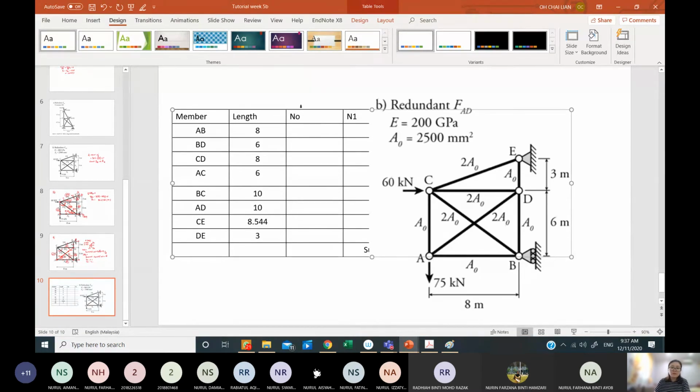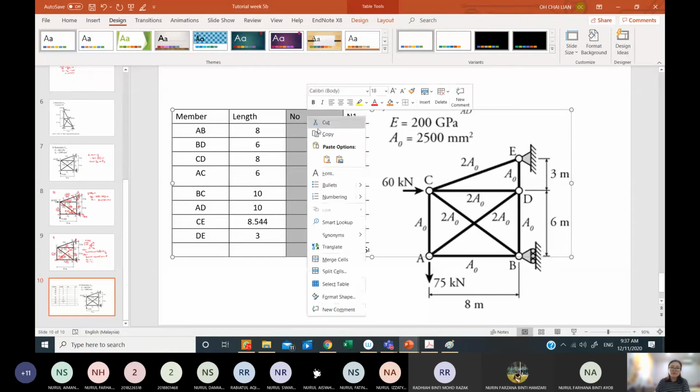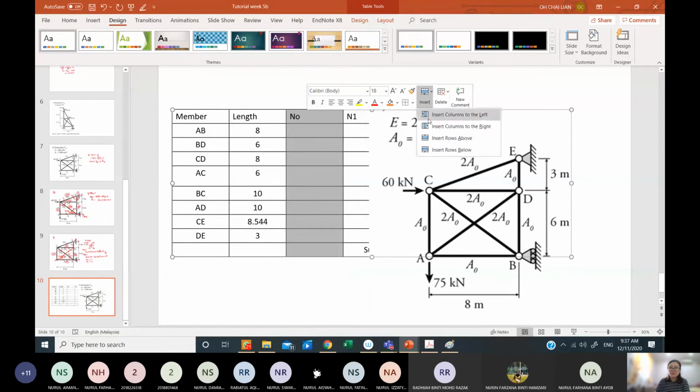We have the area not constant in this. Okay, how to insert a column?